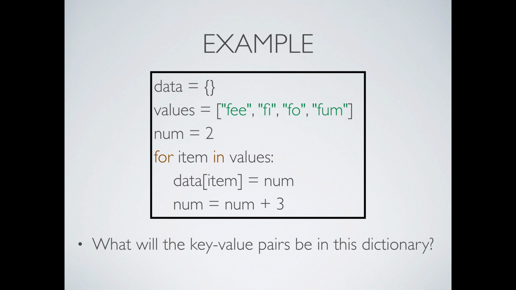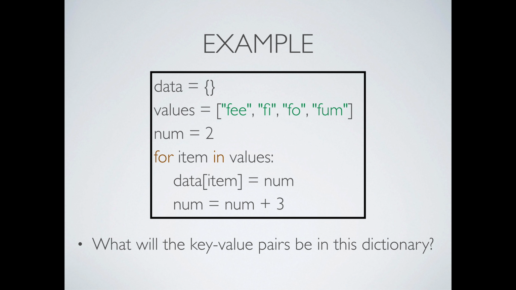Alright, so for item in values, that means we're going to iterate through every single element in this list values. So the first time around, item will be fee. Then it'll be fi. Then it'll be fo. Then it'll be fum. And when we first do this iteration, item will be fee.